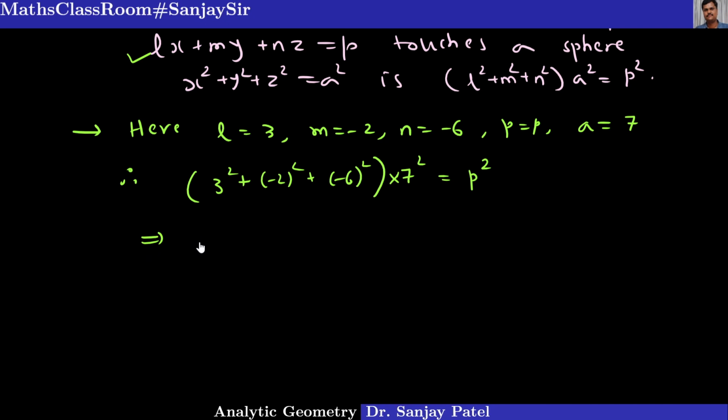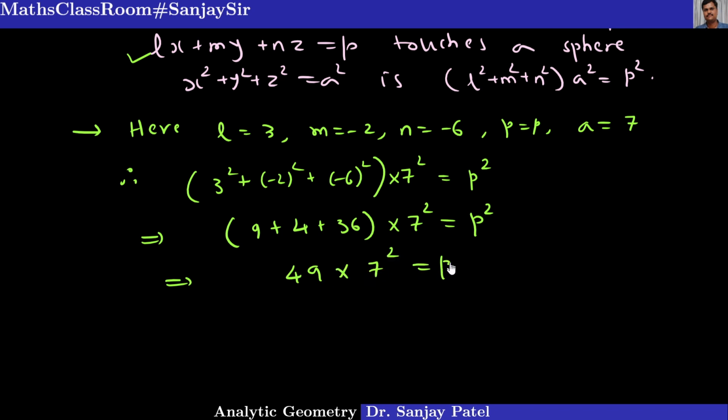So what we will get is 9 plus 4 plus 36 into 7 square is equal to p square. So 36 plus 4 is 40 plus 9 is 49. So this is 49 into 7 square is equal to p square. I can write it as p square is equal to 7 square into 7 square.